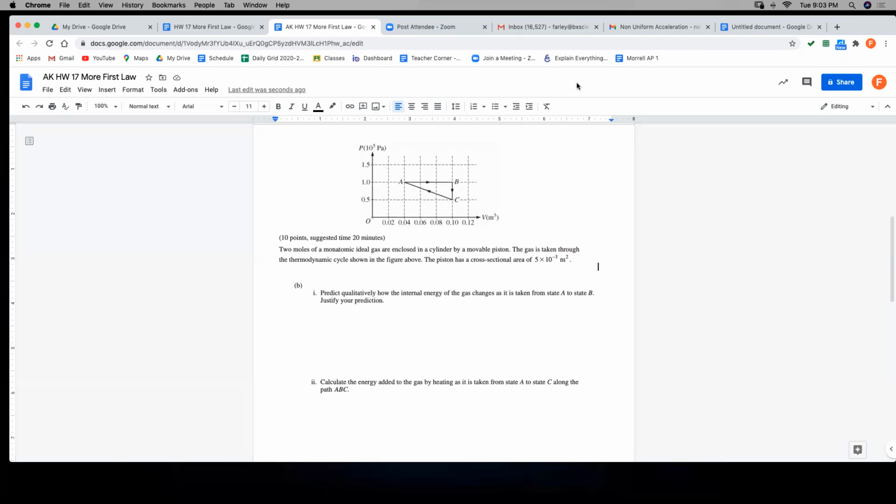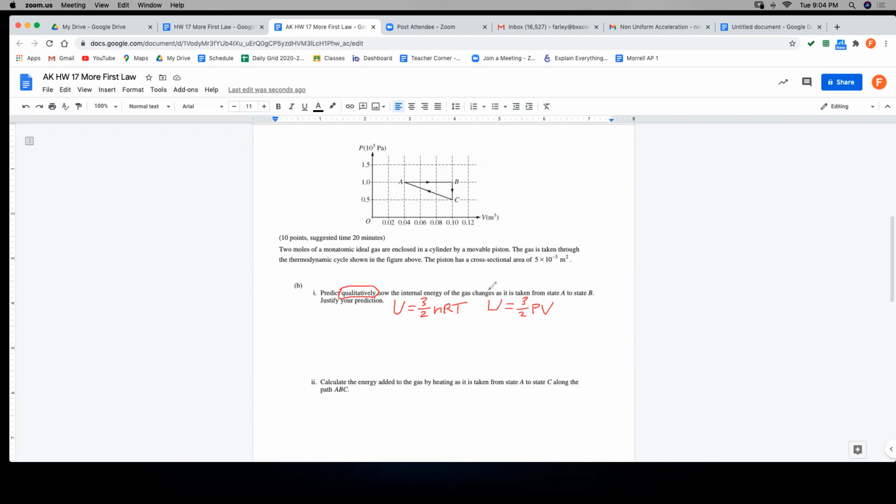It's saying, predict qualitatively how the internal energy of the gas changes as it's taken from state A to B. All right, well, we know that internal energy is equal to 3/2 nRT, and PV is nRT, so internal energy is also equal to 3/2 P times V. And qualitatively, that means they don't need you to know how much it's increasing.